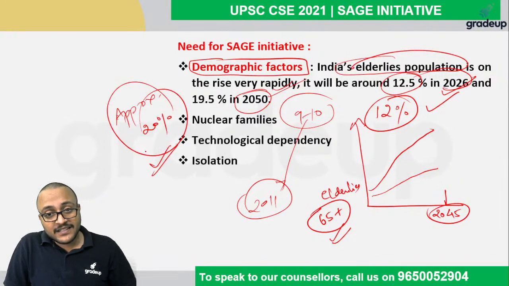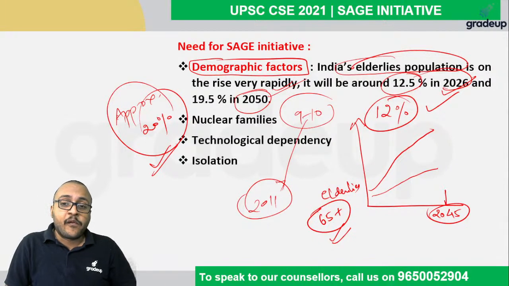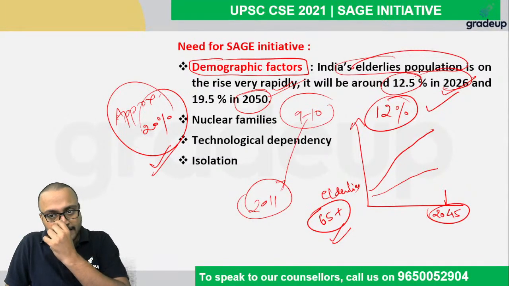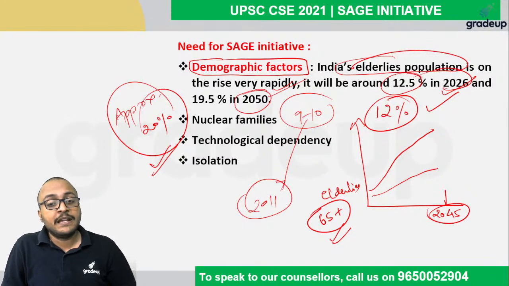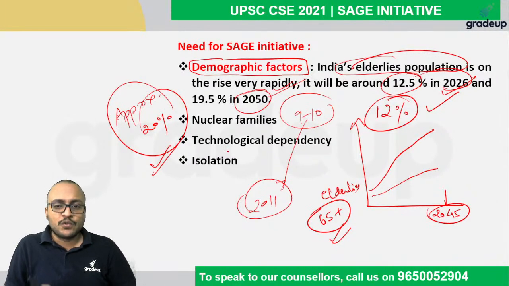And guys, you can imagine the situation when 20% of the population is not working, living on pension, and the arrangement of facilities like care, health, instruments, nutrition and other things will be a tough challenge, right? So therefore, the SAGE initiative will definitely be helpful to mitigate these challenges more effectively.